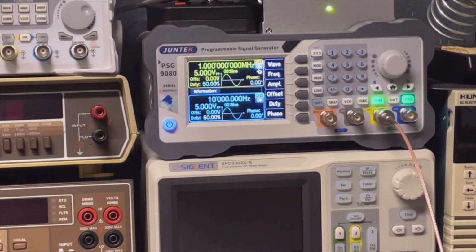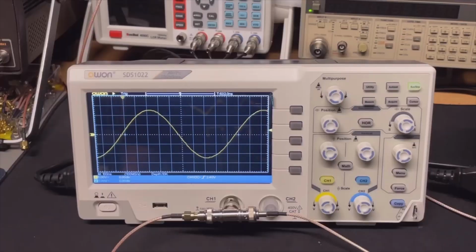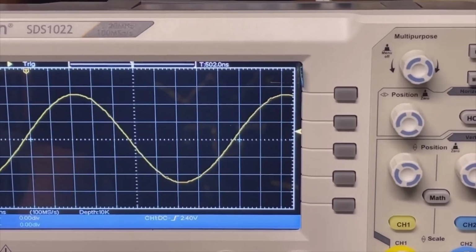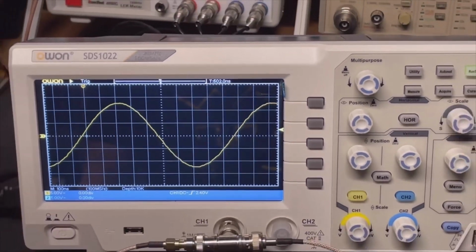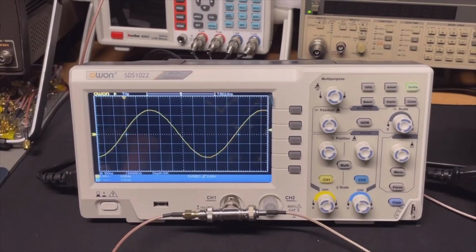Okay, let's start with the sine wave at 1 megahertz. As you can see, the 1 megahertz works okay on the 20 megahertz oscilloscope, although you can see a little bit that it is not super stable, but that could also just be the quality of the oscilloscope. Let's see what this looks like on the 200 megahertz.